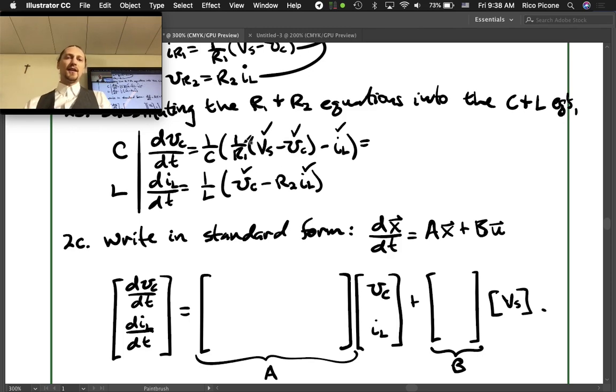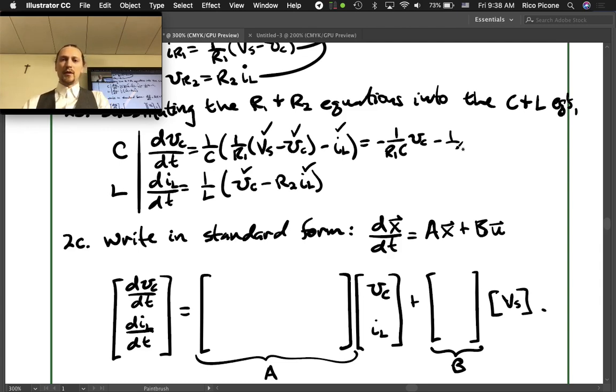Let's write this again with the VC term by itself. So we have 1 over R1C, and it's negative, right? So negative 1 over R1C times VC. And then let's write the IL term. So that's just negative 1 over C times IL, right?